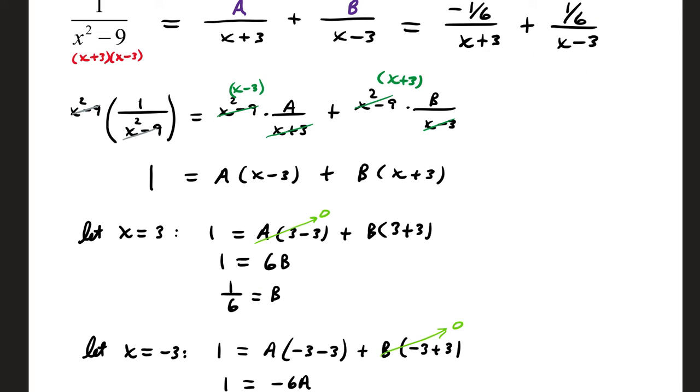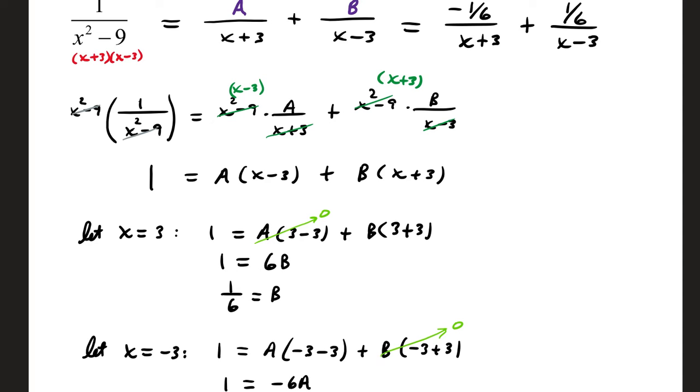So we already have the numerator of that second fraction at the very top right of your screen. Now if we let x be negative 3, substituting in, that's going to be 1 equals a times negative 3 minus 3, which is negative 6a, plus b times negative 3 plus 3, which is 0. The b group drops out.